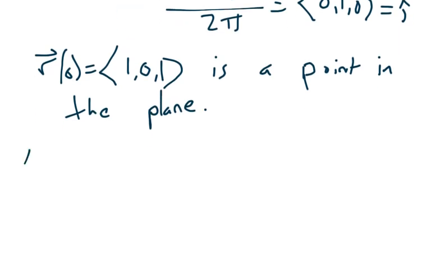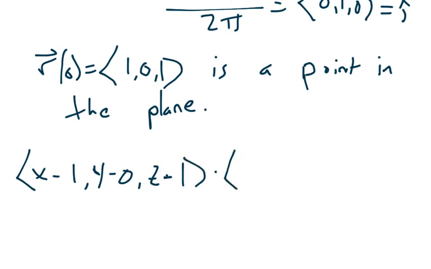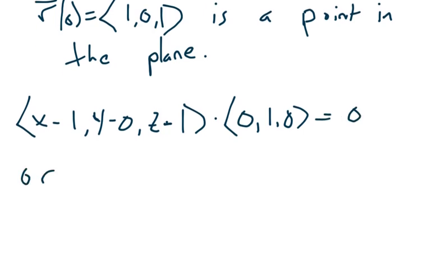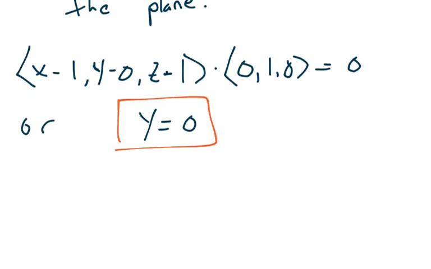So our definition for the plane is going to be the vector x minus 1, y minus 0, z minus 1 dotted with our normal vector, which is 0, 1, 0, equal to 0. Or you can just write this as y is equal to 0. That's the normal plane.